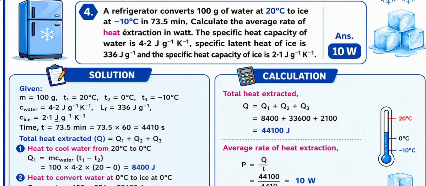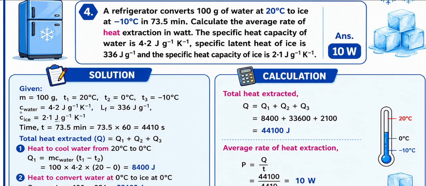This is the important point you need to understand. T1 is 20 degrees Celsius, but T2 is not minus 10 degrees Celsius. T2 is 0 degrees Celsius, and this minus 10 degrees Celsius is T3. Why we are writing T2, we will understand.